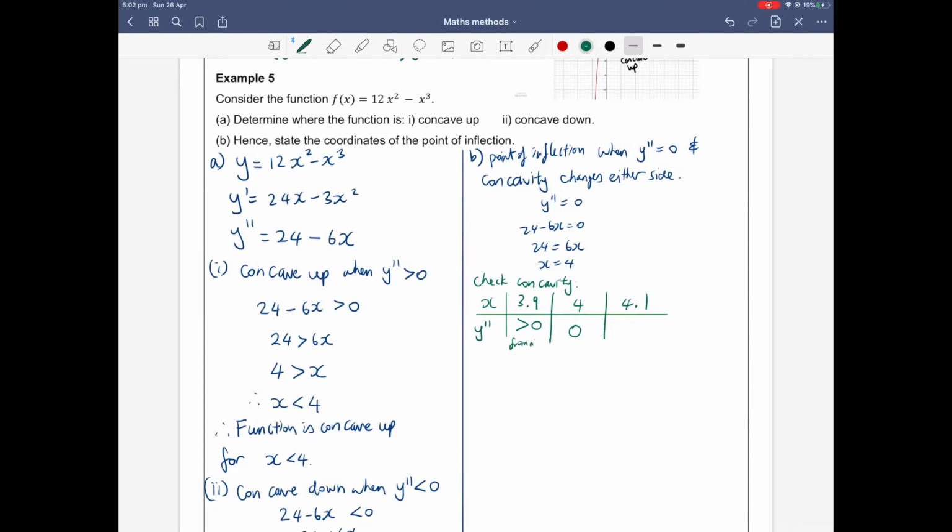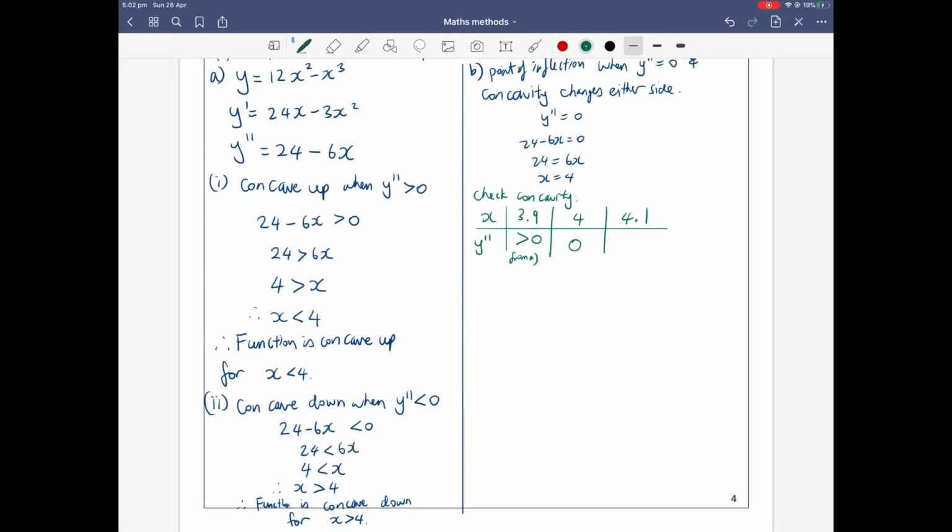So we can fill that in as positive. And also from part A, anything bigger than 4, so 4.1, our y dash dash is going to be less than 0 because it's concave down.